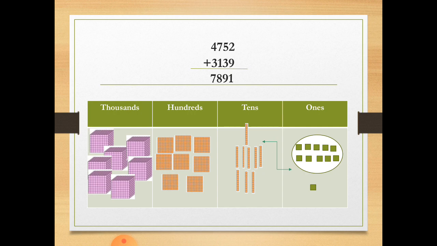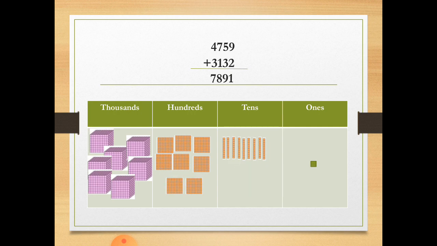In the tens column there are 5 plus 3 tens already, and when we add the carried over 1 ten, we get 9 tens. 7 plus 1 is 8, and 4 plus 3 is 7. So the sum of these two numbers is 7,891.